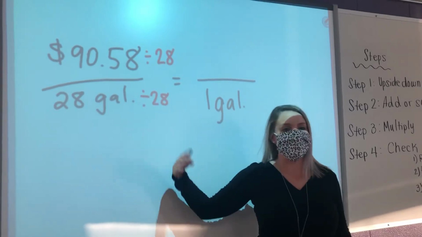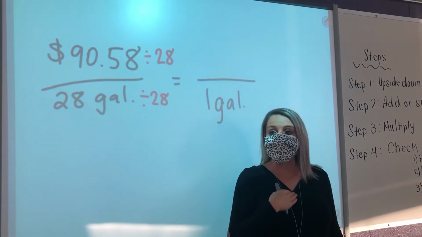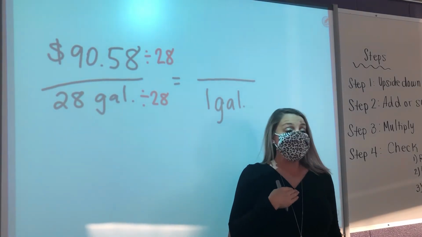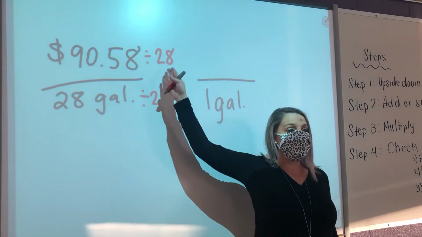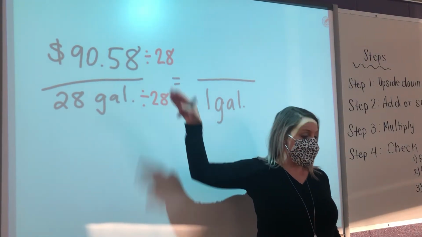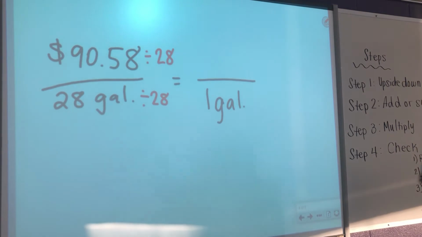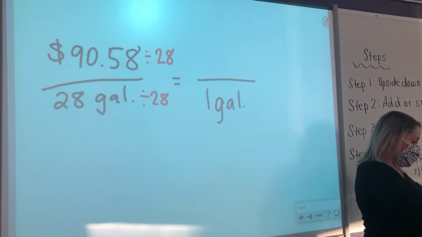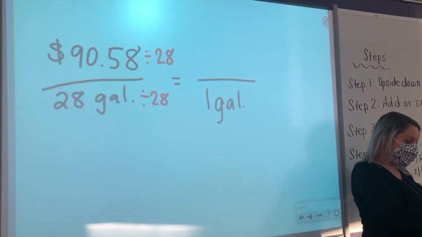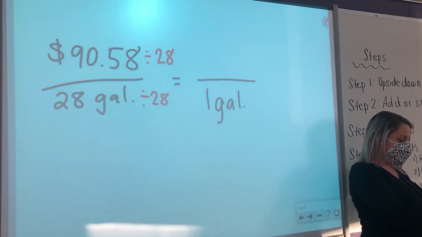Now this is why you need your calculators, because I'm not expecting you to divide $90.58 by 28. Okay? That's where your calculators come in handy. So I type in $90.58 divided by 28. $3.24.